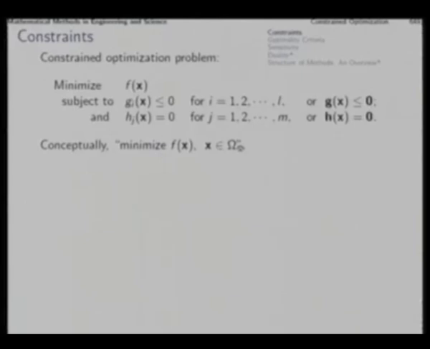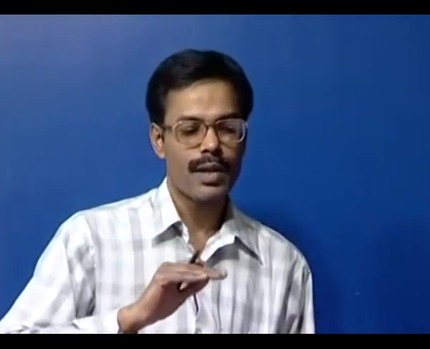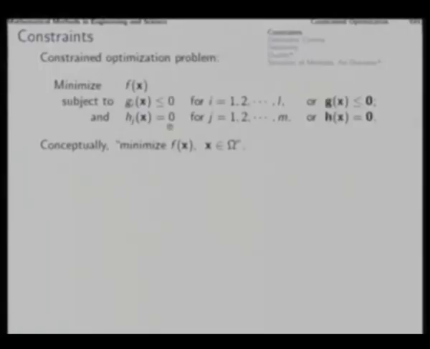Now, the description of the domain can be made in terms of these constraints. Equality constraints constrain the feasible space to a lower dimensional set of the original solution space, as if you can talk of it as a surface in the three dimensional space. So, if the space of x is three dimensional, then one equality constraint like this will define a surface, and any point outside that surface will be deemed as infeasible.